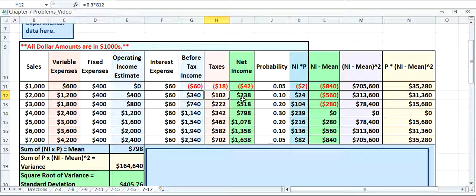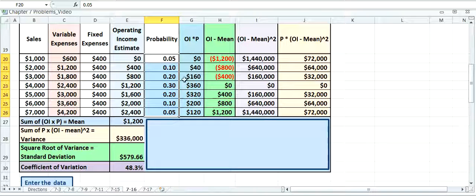And then we're going to subtract that from our before tax income. You can see that I'm subtracting taxes from our before tax income, and that's going to give us our net income right here. So I've used the same sales and the same probabilities as I used in 715 and 716.